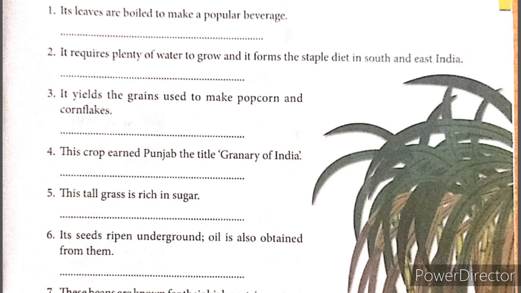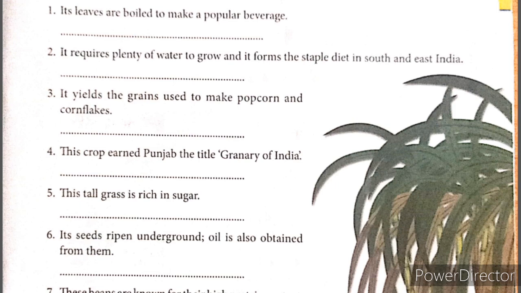The third number, it yields the grains used to make popcorn and cornflakes. I know everyone is eating cornflakes nowadays, famous, all this. So from where does it come, a product related to that crop, that is your maize. Okay, so the third number is your maize.